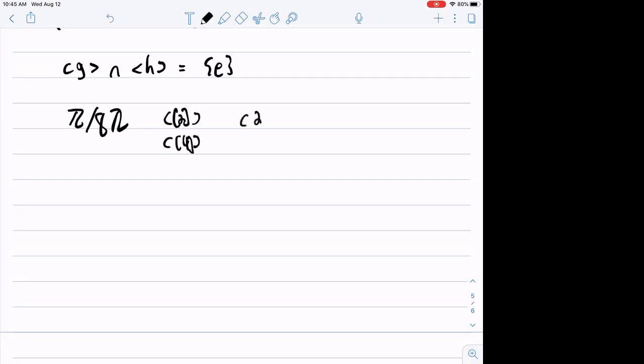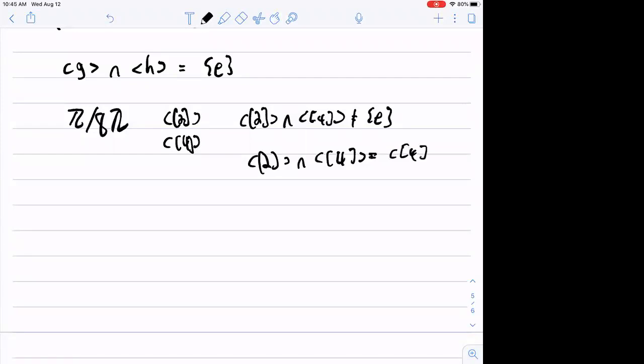The intersection is just the group generated by 4, right? It's not the identity, because it's a subgroup. This thing has order 4. This thing has order 2.